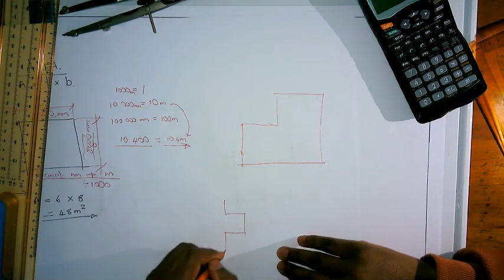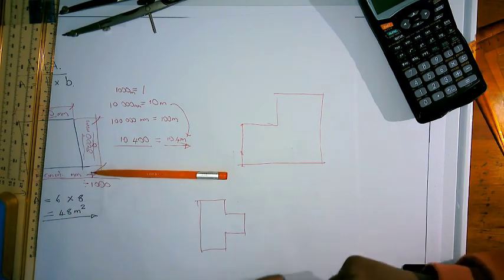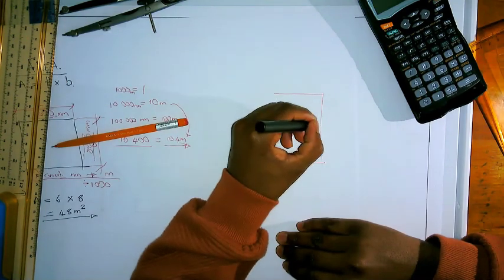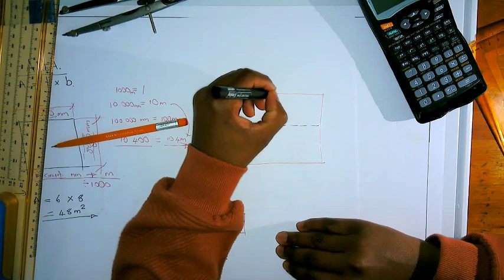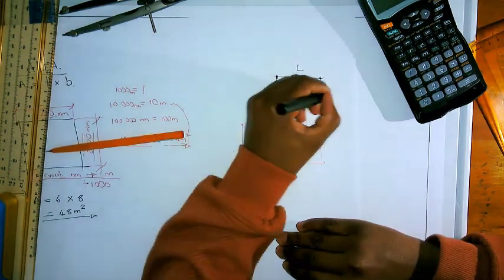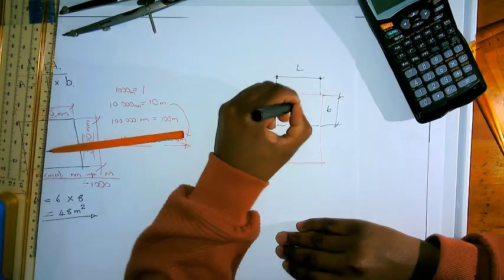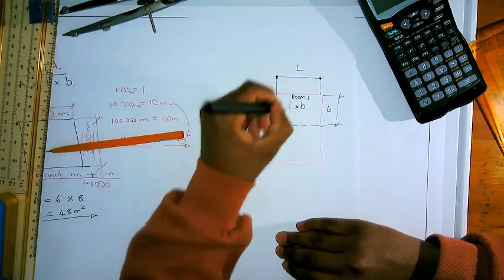So as you can see in the image here, I'm taking the L and the B, I'm multiplying them, so length times breadth of this block. I've looked at this L-shaped building, divided into 2 blocks, and then I know that I have room 1 and room 2. Then calculate the area of each separately. Then add them together to get a total.